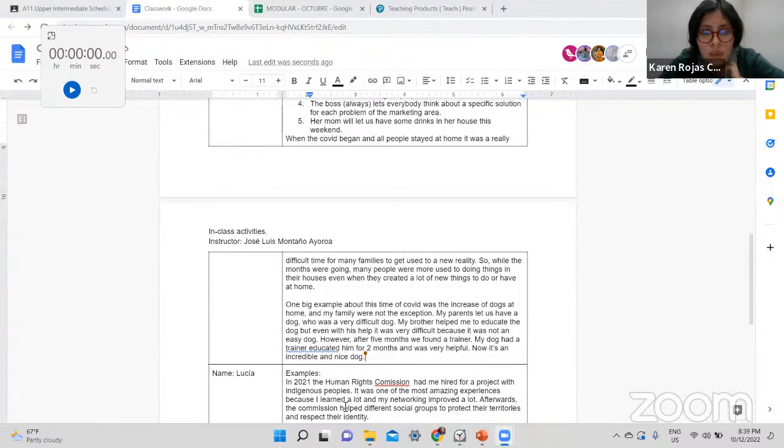One big example about this time of COVID was the increase of dogs at home, and my family was not the exception. My parents let us have a dog who was a very difficult dog. My brother helped me to educate the dog, but even with his help, it was very difficult because it was not an easy dog.